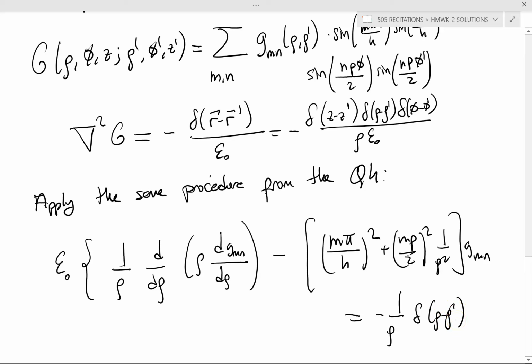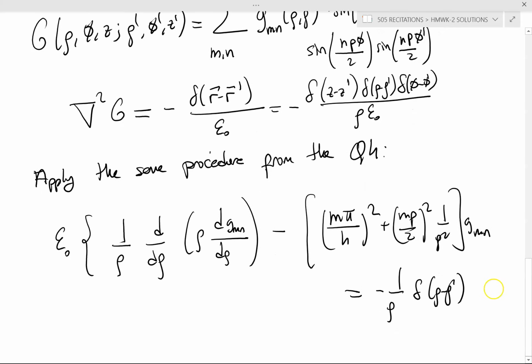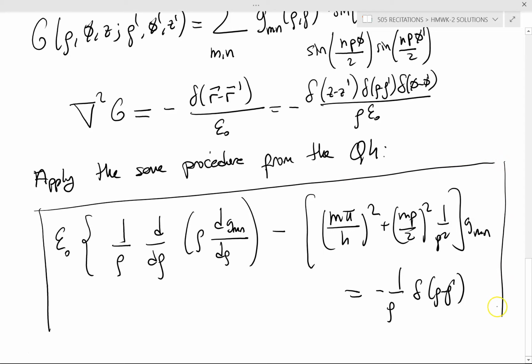Okay. This is the differential equation that we need to solve. I will not solve it now. Of course, it's quite long to be done.